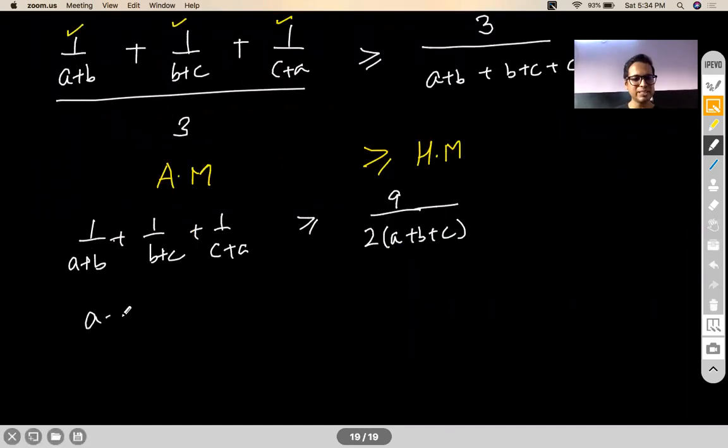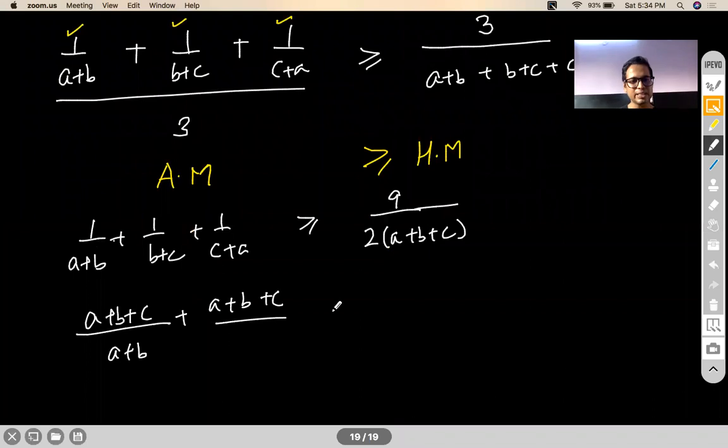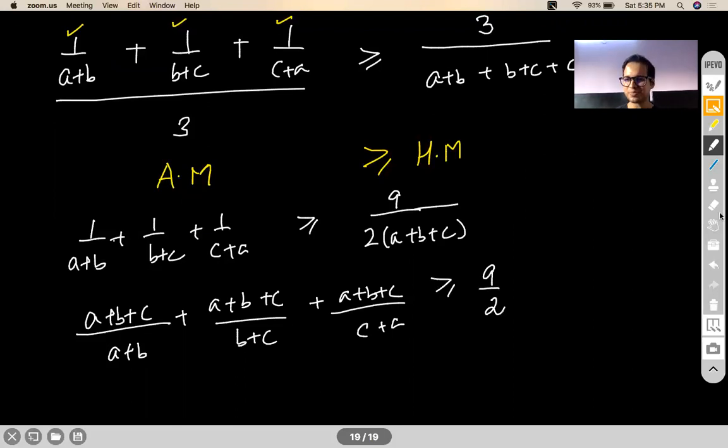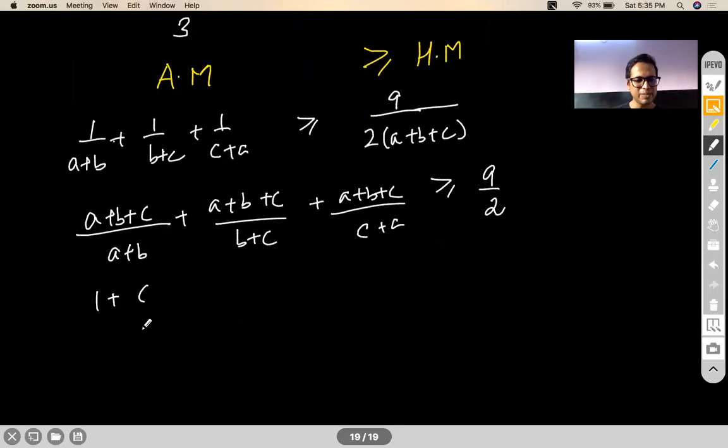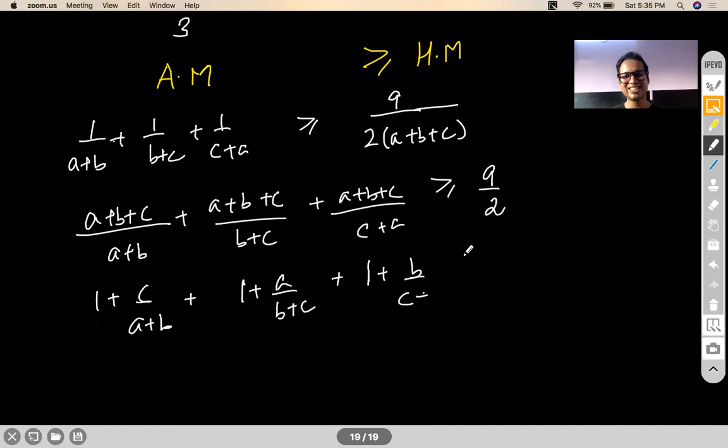So A plus B plus C, multiplied by the sum, is greater than or equal to 9 by 2. Correct? Can I write it as 1 plus C by A plus B? Can I write it as 1 plus A by B plus C? And can I write it as 1 plus B by C plus A?